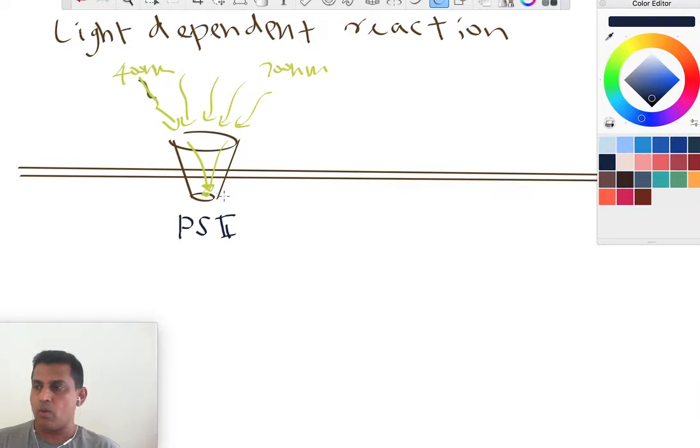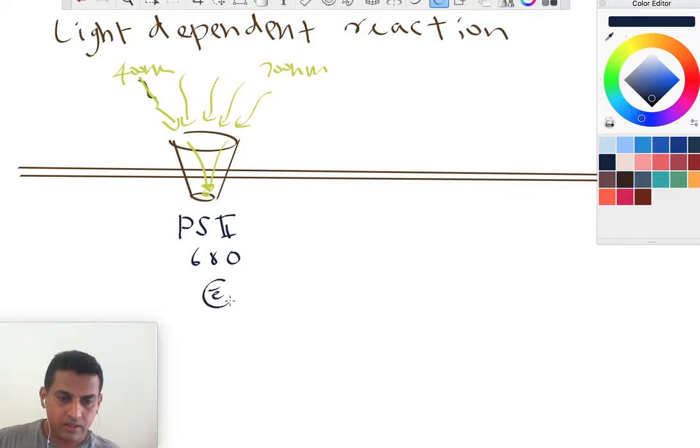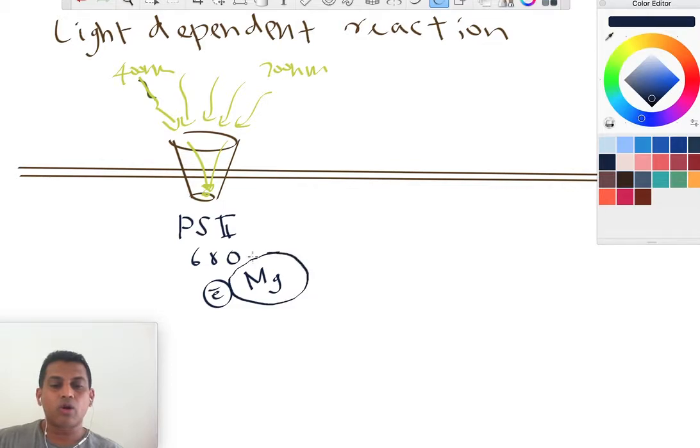So finally, at P680, the electrons from the atoms, for example the magnesium atom of the chlorophylls, are excited, and these electrons are released from this complex.